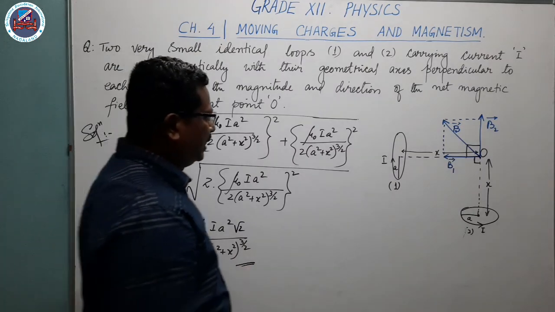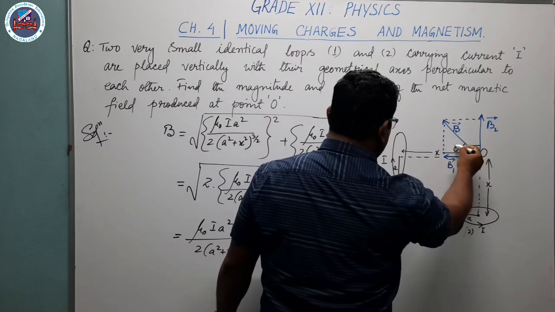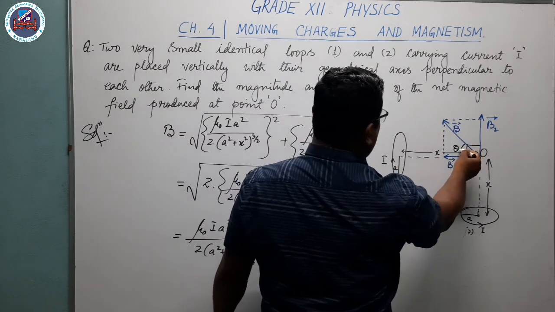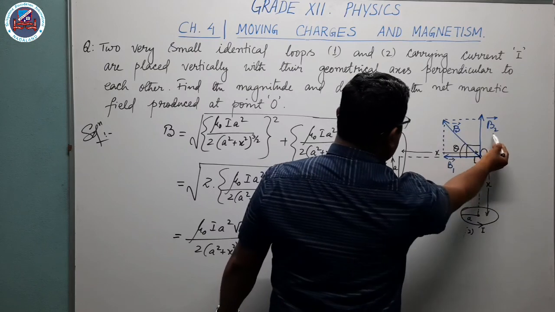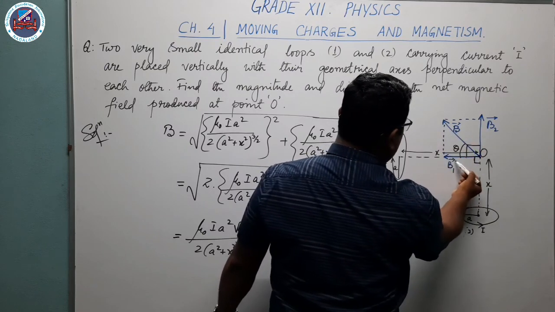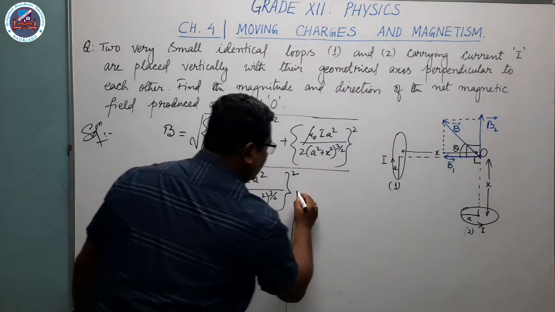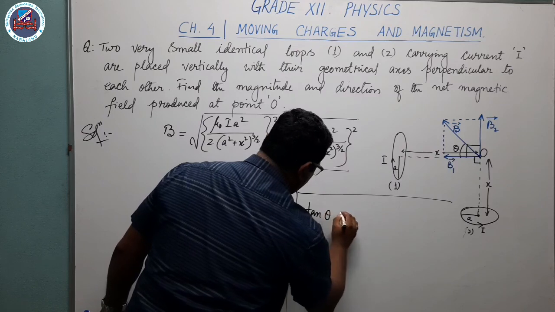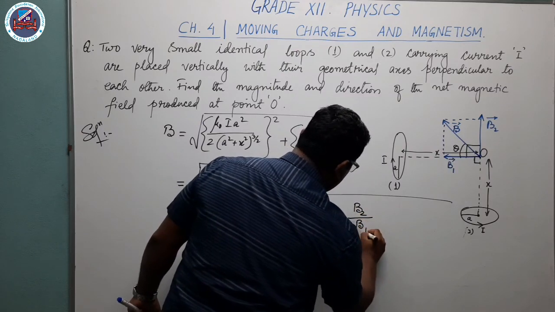And to find out the direction, you can mark an angle here, theta say, along the x-axis. If you mark the angle theta, tan theta is equal to perpendicular by base. Perpendicular is B2, and this is B1. So tan theta is equal to B2 by B1.